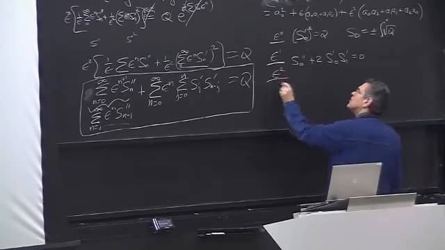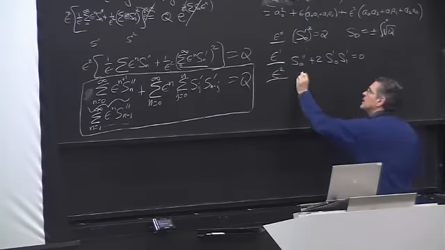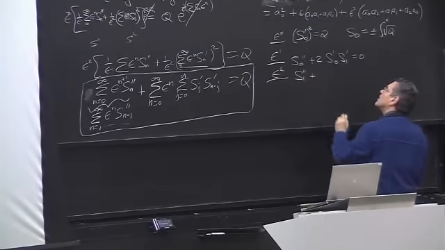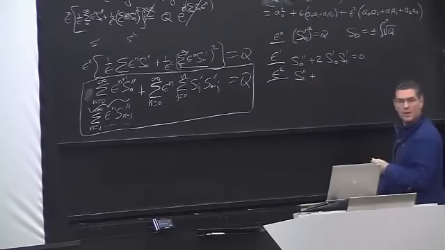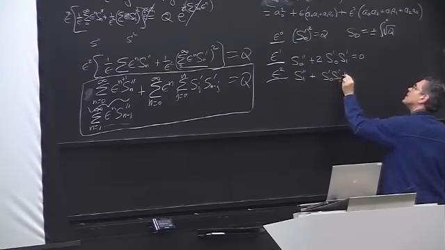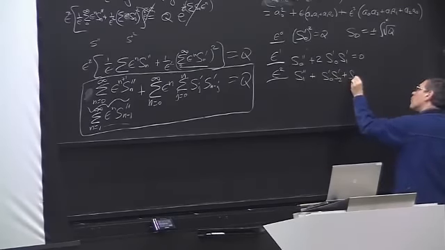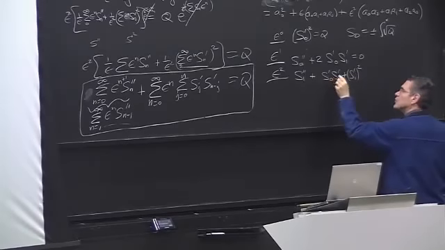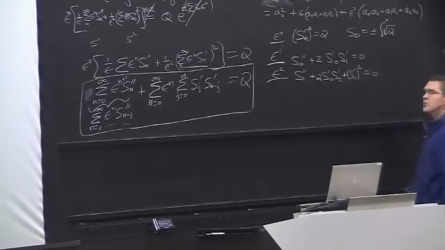What's the coefficient of epsilon squared? It would be S1 double prime plus S0 prime S2 prime plus S1 prime squared plus S2 prime S0 prime, two of these, is equal to 0.